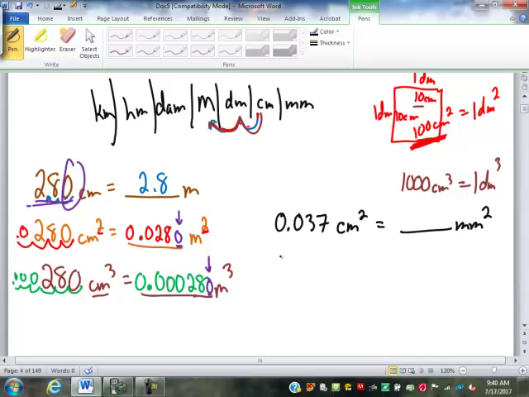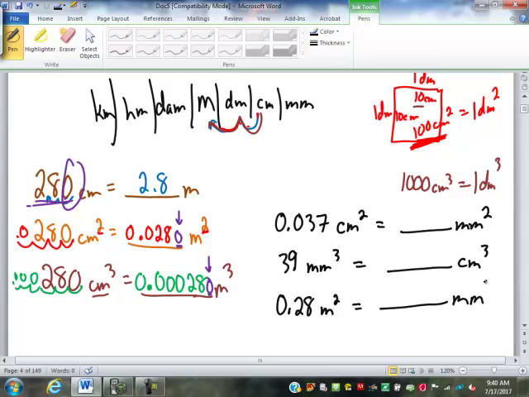Let's take 39 millimeters cubed into centimeters cubed. 0.28 meters squared into millimeters squared. Try those three in your notes and we'll talk about them here in just a second.